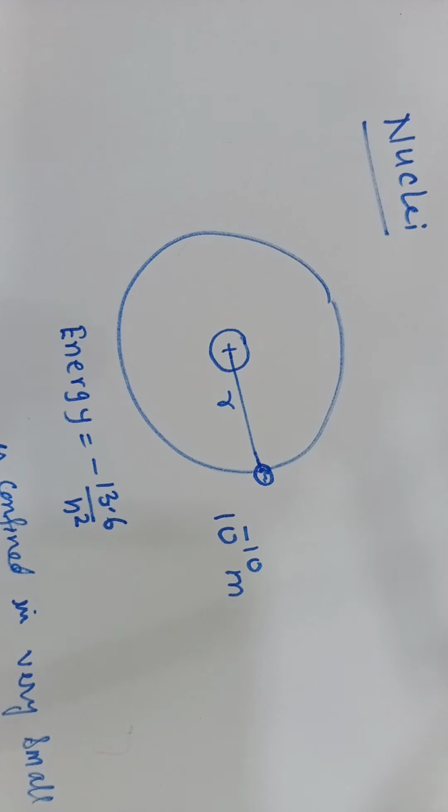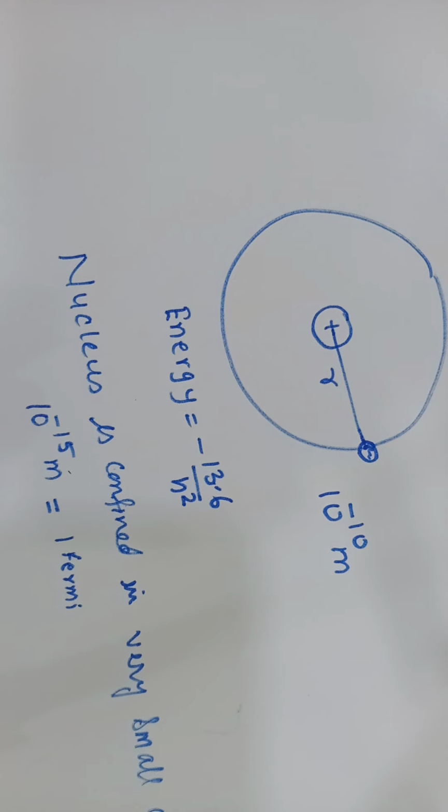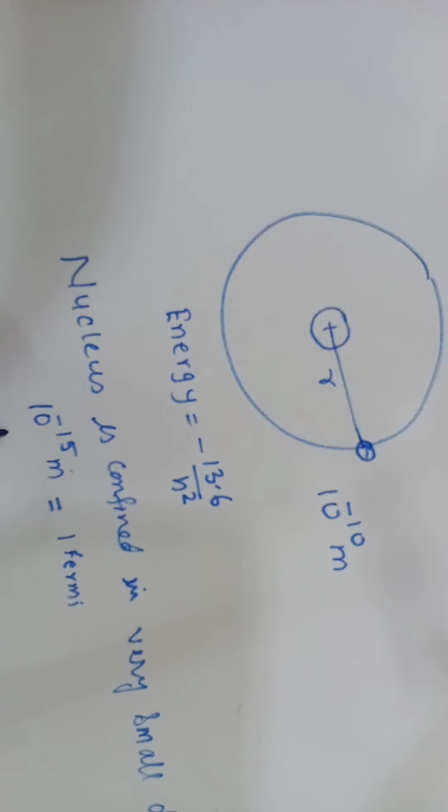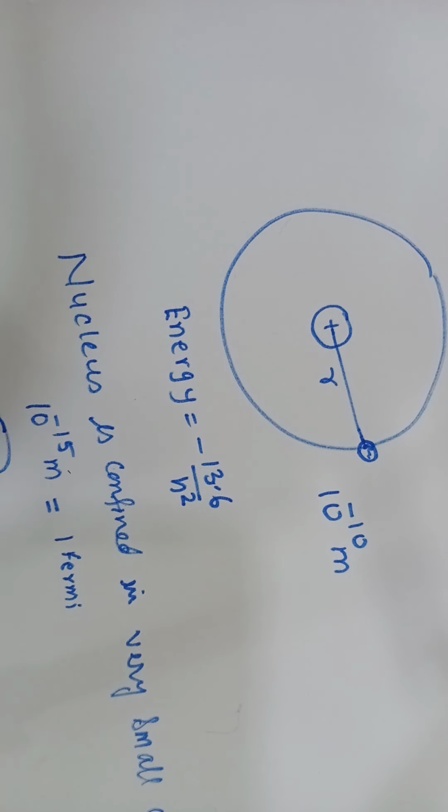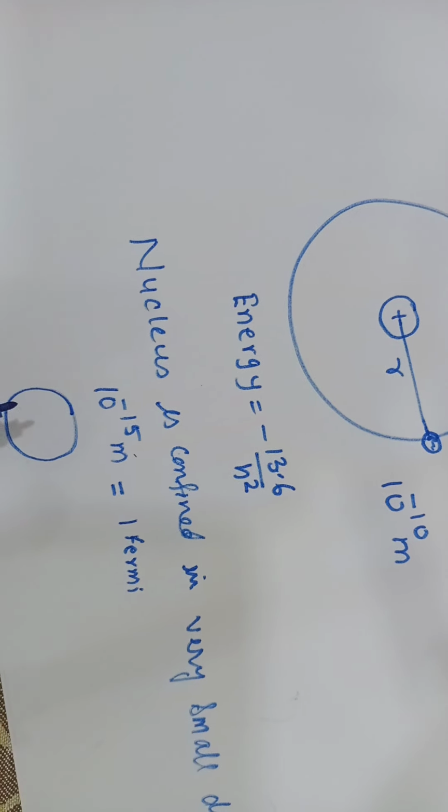This is about the Fermi, and it was given by Enrico Fermi. In honor of Enrico Fermi, we have the radius of the nucleus. When we say this is the nucleus, we know there are a number of nuclear particles.